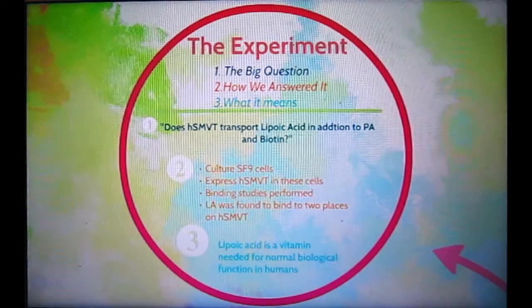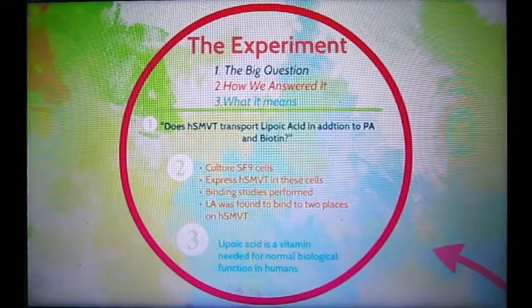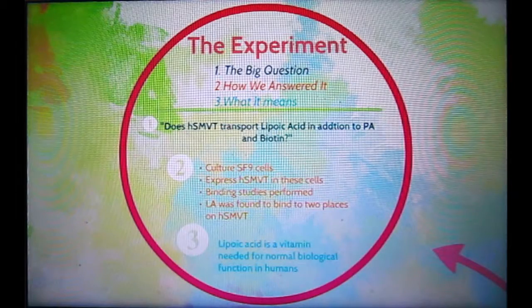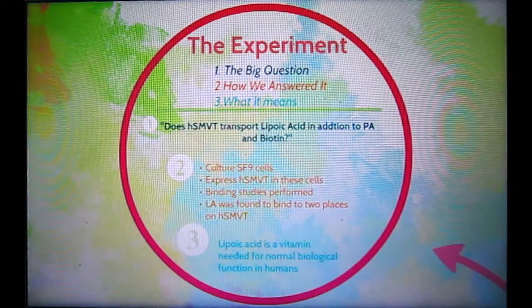So the big question: does HSMVT transport lipoic acid in addition to pantothenic acid and biotin? And how was this question answered? We cultured SF9 cells, which are a type of insect cell. Then we expressed the HSMVT protein in these cells.